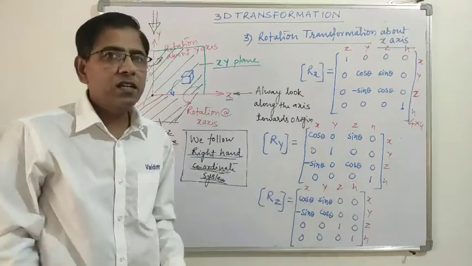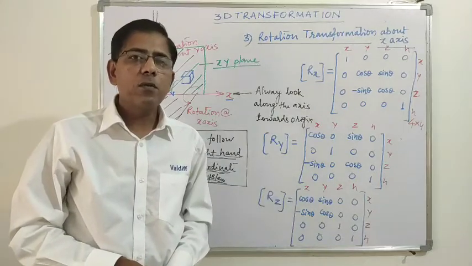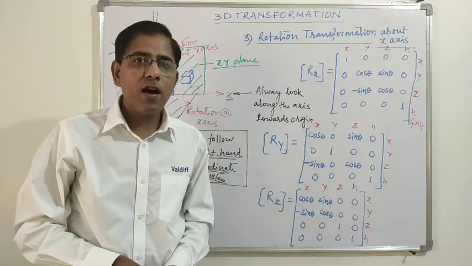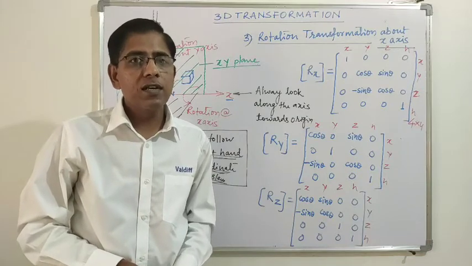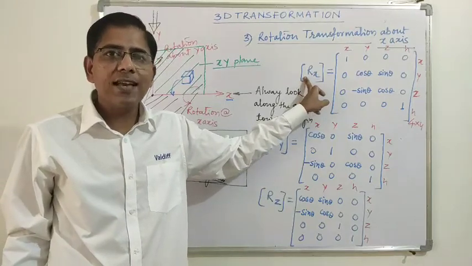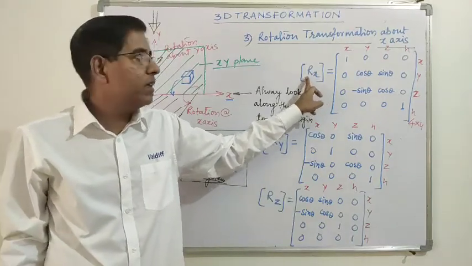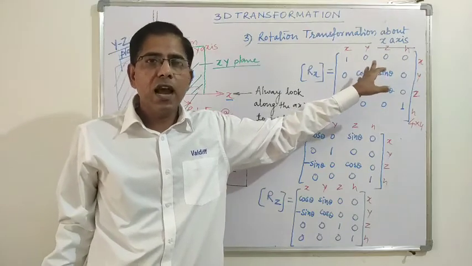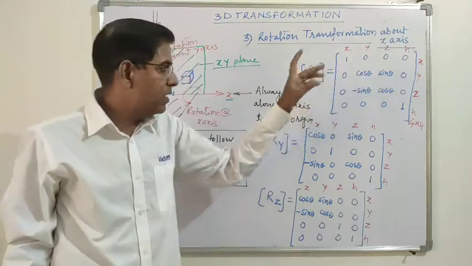So here we have seen the rotation matrix about three principal axes, that is rotation about x-axis, rotation about y-axis and rotation about z-axis. Rotation about x-axis means the rotation is actually happening in yz plane. That is why we have kept the cos theta sin theta functions at y and z positions.